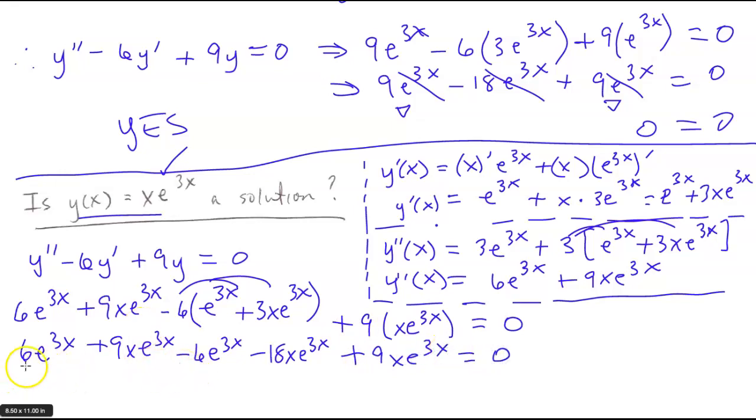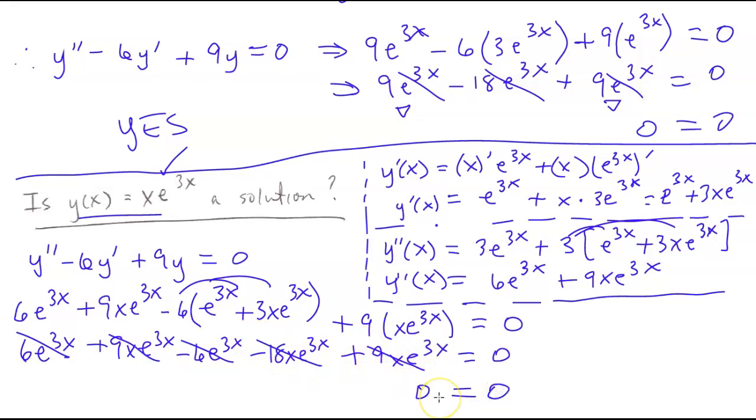Now we can see that this 6e raised to the 3x cancels with this minus 6e raised to the 3x. We have this 9x e raised to the 3x plus another 9x e raised to the 3x adding up to be 18, so these two will cancel with this third.